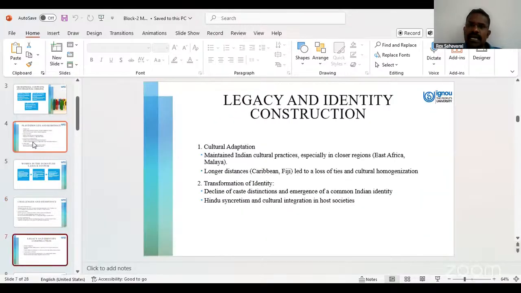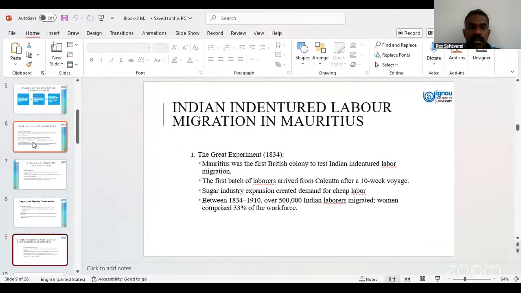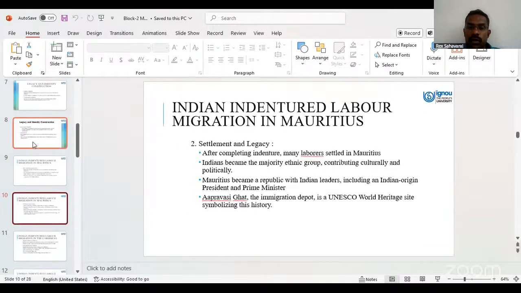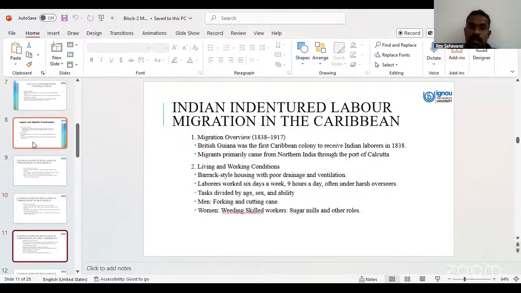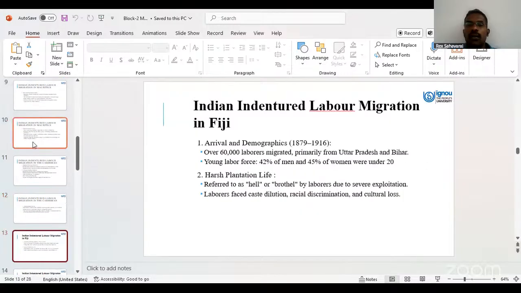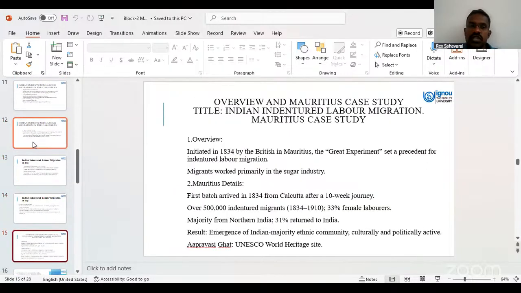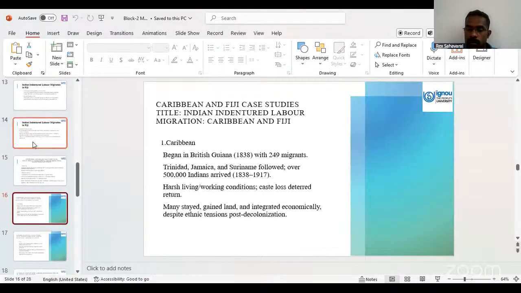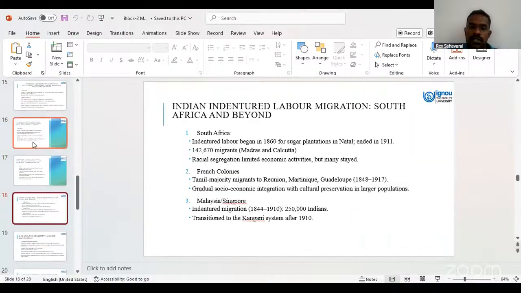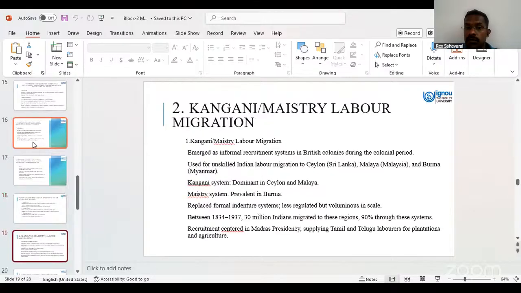Then legacy and identity construction: how they constructed their identity in various countries like Mauritius, which was the testing place for Indian laborers. We looked at the Mauritius situation and its condition right now, as well as Fiji, with Mauritius and Fiji as case studies, and indentured labor migration in South Africa and beyond.